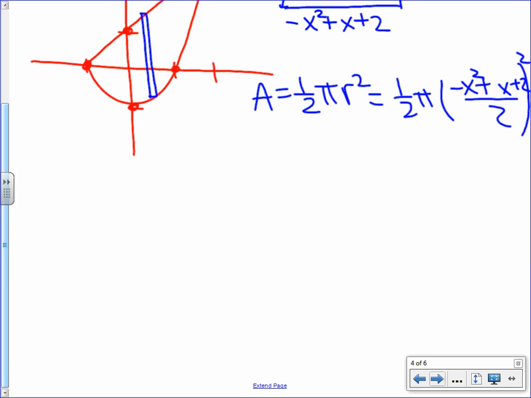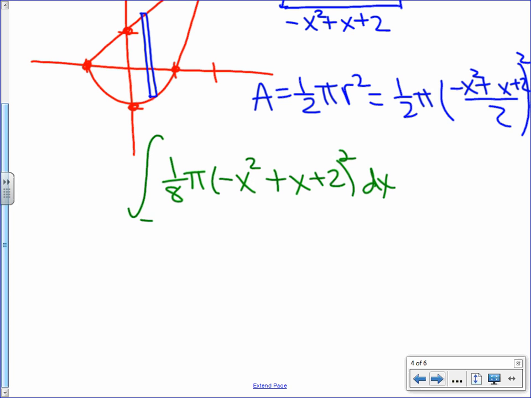Okay. So when we set up our integral, our volume would be 1/8 pi times negative x squared plus x plus 2 squared. Is everyone okay with what I just did there? Yes. Okay, so there's the area times the thickness added up from -1 to 2.